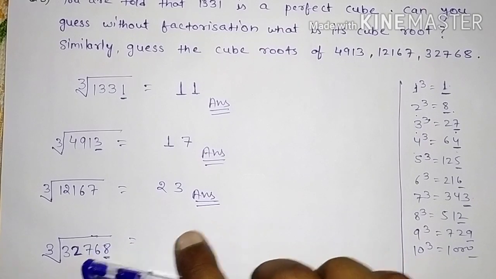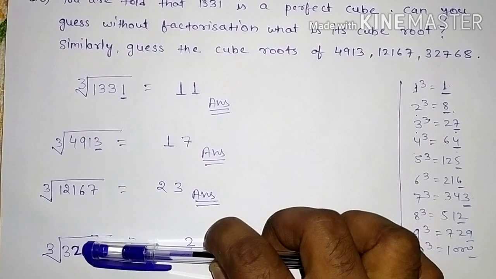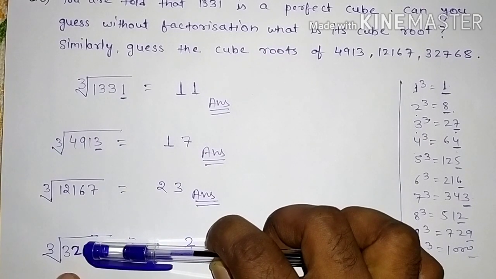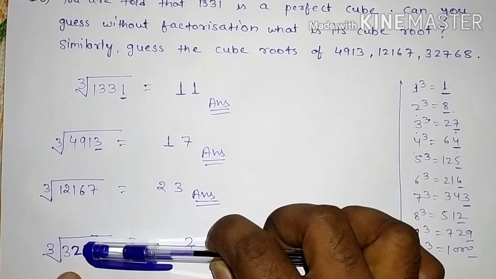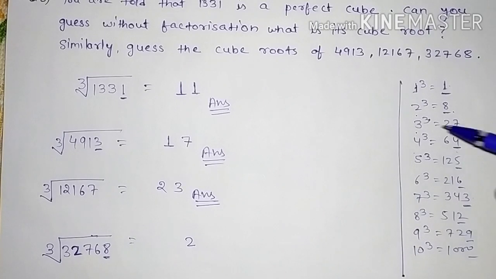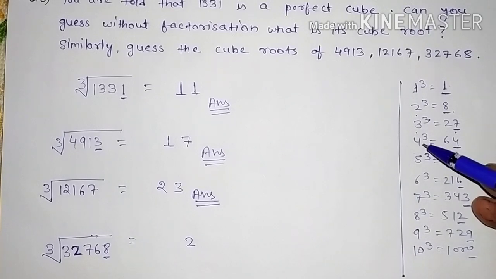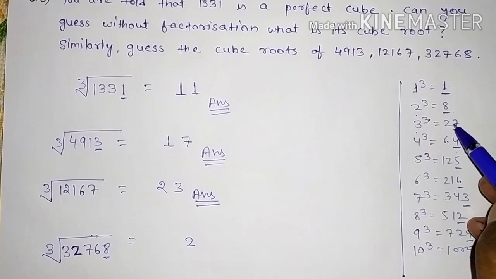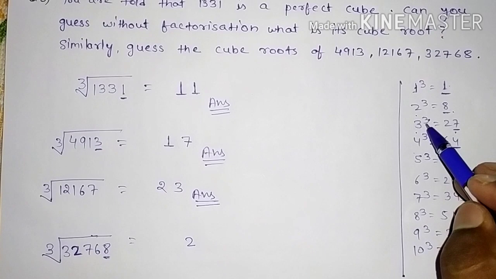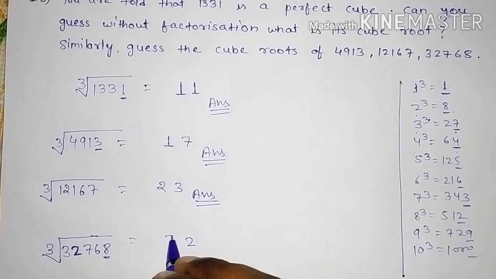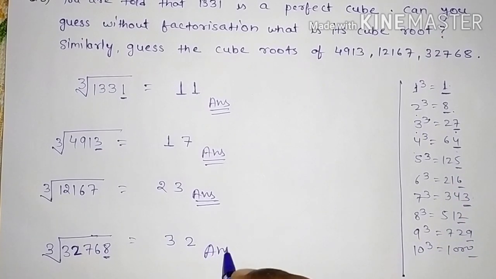So 768, cover it. What number is left? 32. So again we have to find the number whose cube is nearer to 32. The cube of 3 is 27, the cube of 4 is 64. So 64 is greater than 32. So we can take 27. So 3 is the number, here we can write 3. 32 is the answer, and 32 is the cube root of this number.